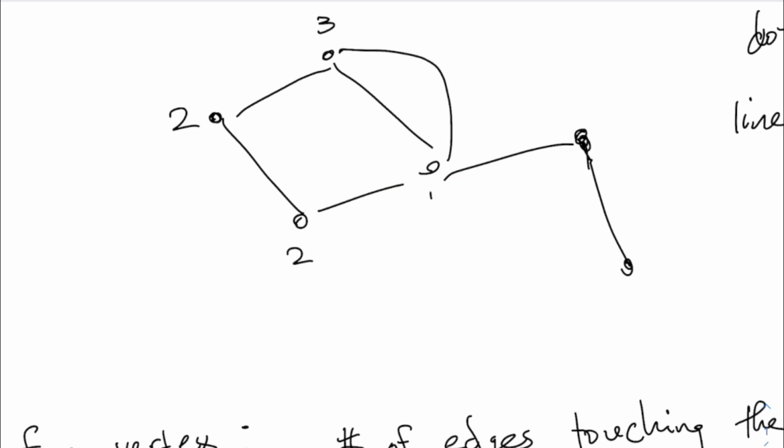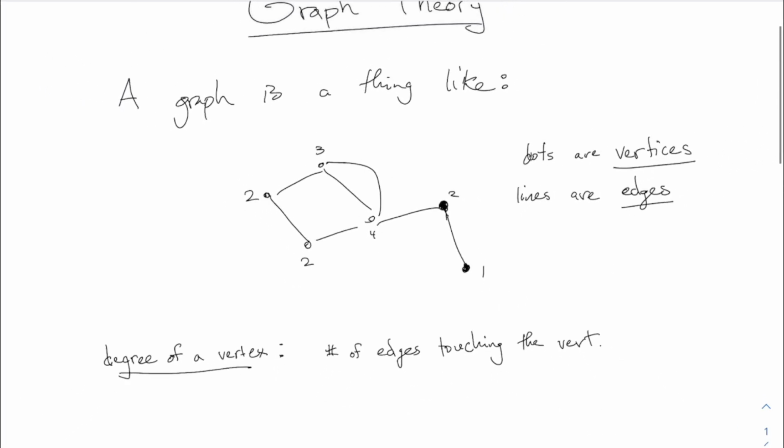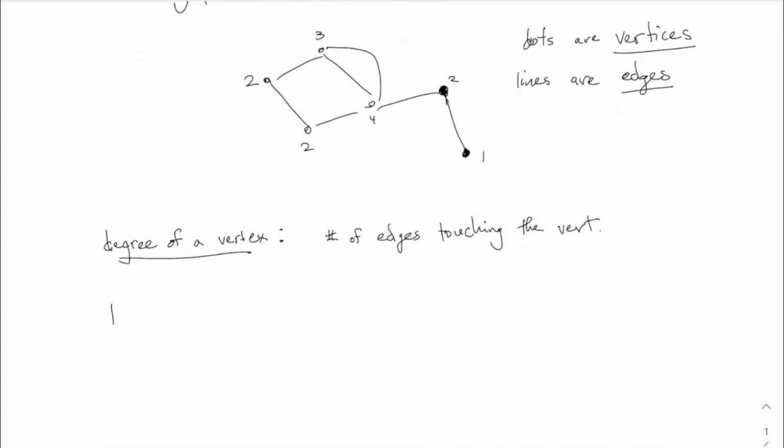That's a 4. That's a 2. This is a vertex here. And then this one down here, that's a 1. There's only 1 edge coming out of that vertex. All right, that's the degree of a vertex. It turns out that when you're using graphs to do things in the real world, the degree is super important. Another thing that's very important in a graph is a path.